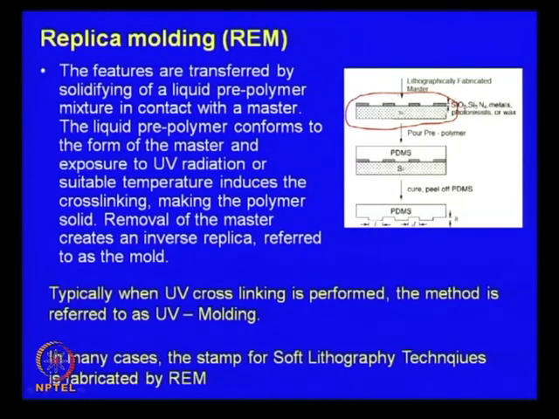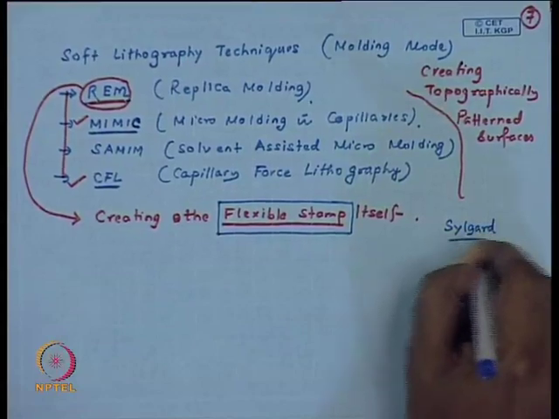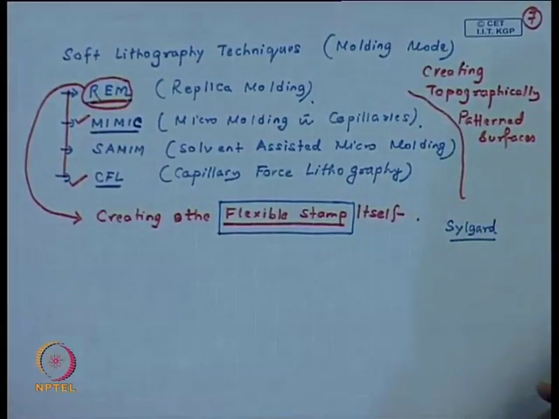So, this is lithographically fabricated, and then you take the pre-polymer. If you are talking in terms of PDMS, and let us say you are talking of Sylgard, I am talking from a practical standpoint, Sylgard is most likely the material you are going to use for fabricating your stamp.